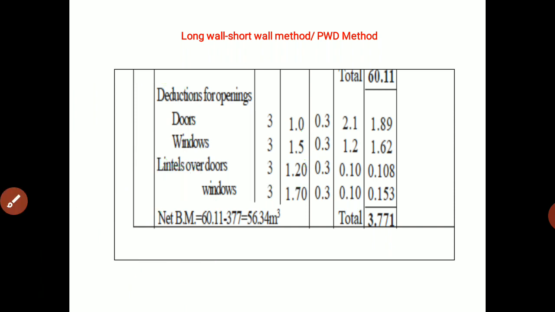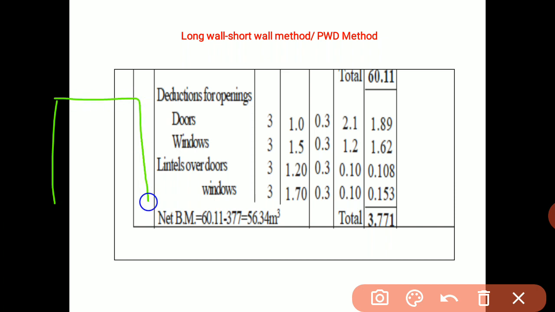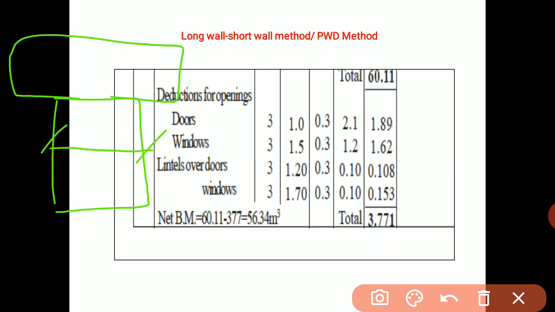Similarly for the window, we have lintel work like this. We'll add this window opening 1.5 plus 0.1 from this side plus 0.1 from this side to get the 1.7 meter value, and the width again is 0.3.